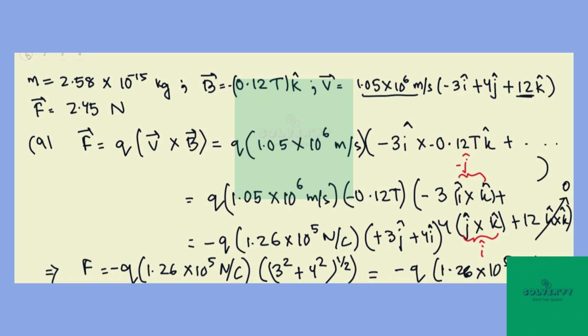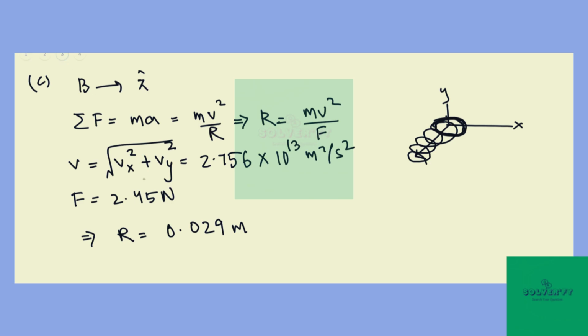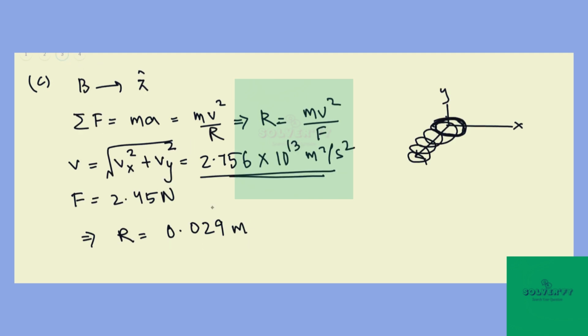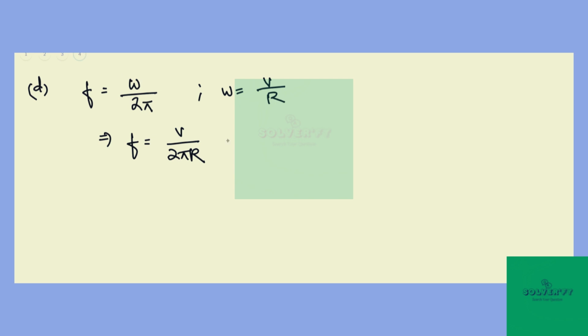We already found the tangential velocity in the xy plane over here, so we are going to use that, and we know the radius, which is equal to this value, and we get the frequency to be 2.88 times 10 to the power 7 hertz.